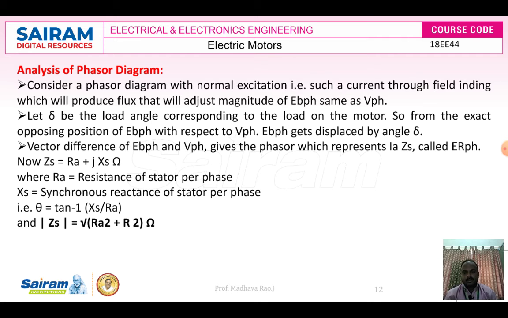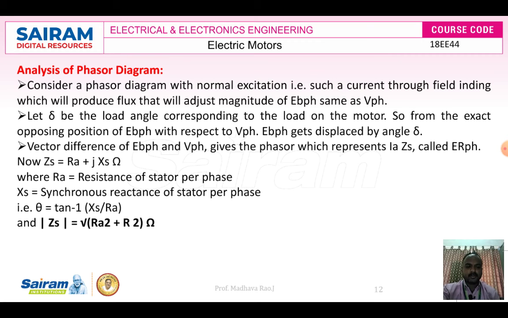According to the impedance of the winding, ZS is the stator impedance. ZS is equal to RA plus j XS. The impedance is the combination of resistance and reactance.